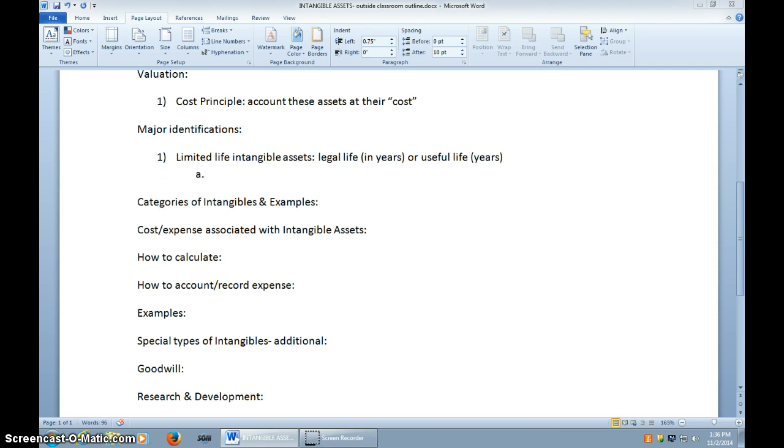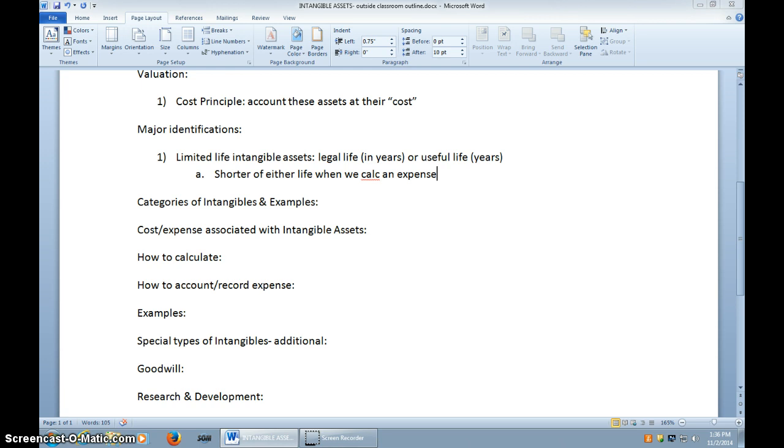And we're going to consider the shorter of either life when we calculate an expense associated with these intangible assets.